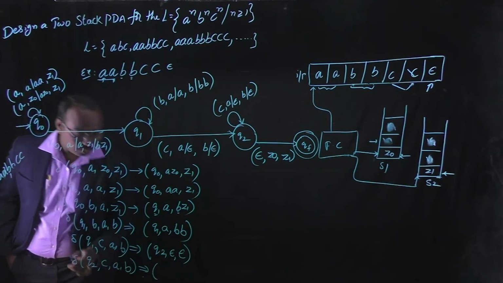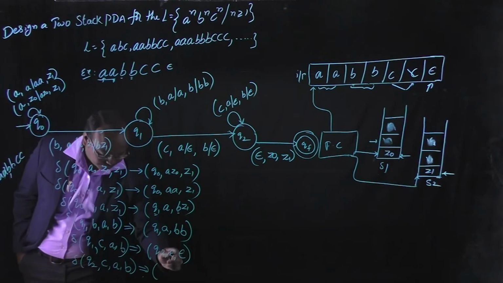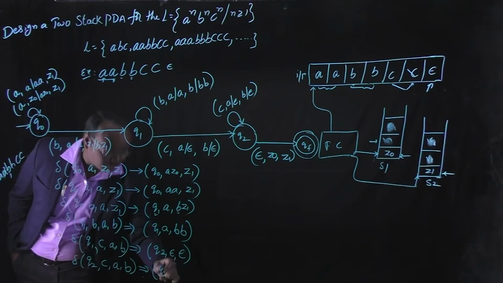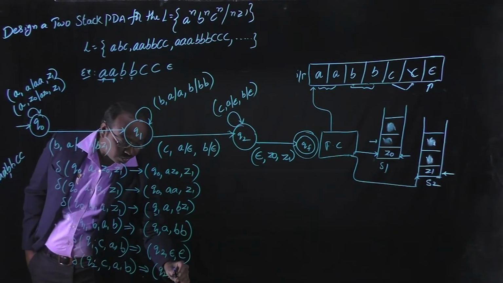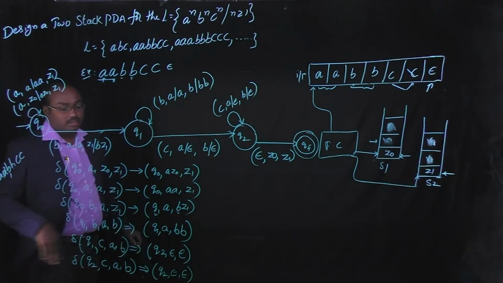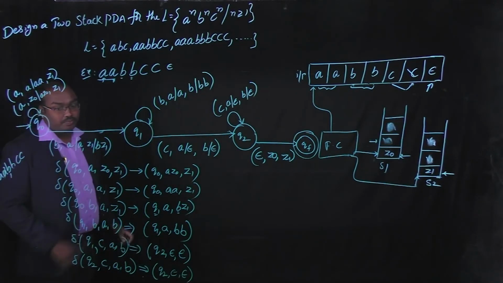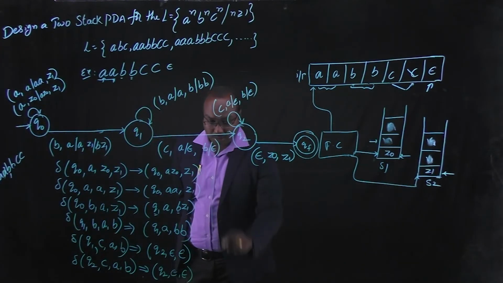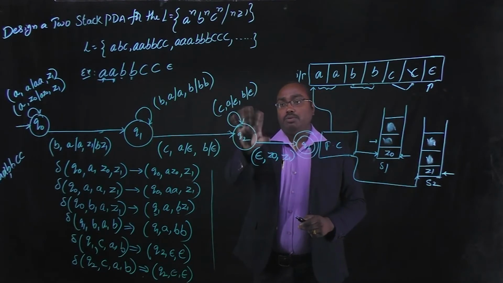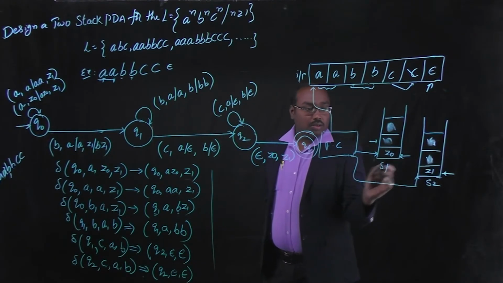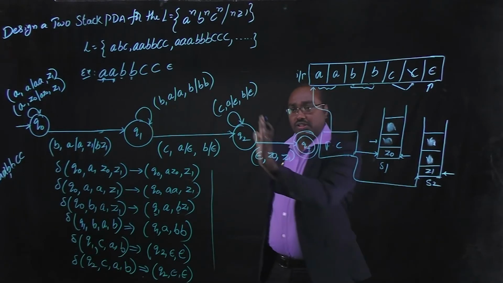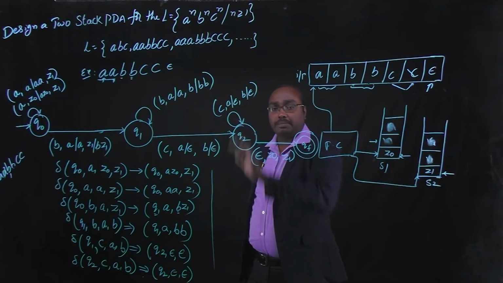Then we can move to state Q2 and remove the top elements on stack 1 and stack 2. Here we can pop all the elements in both stacks. So now the input symbol is epsilon. In this situation all C's, A's and B's are over.